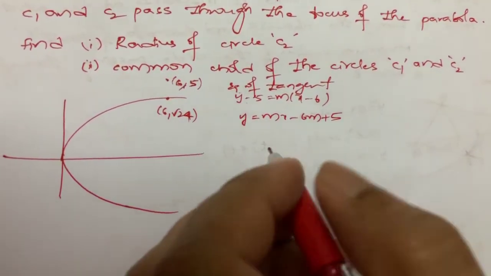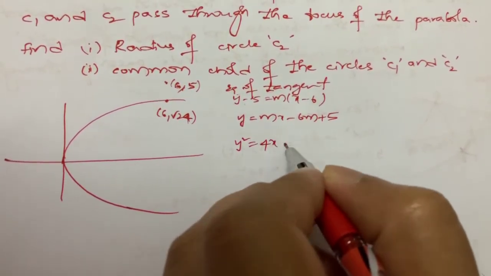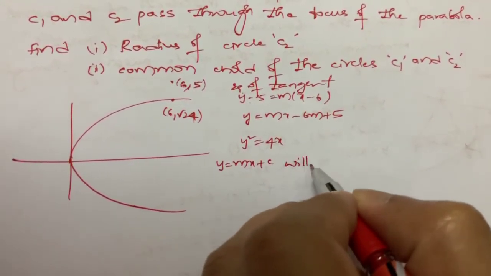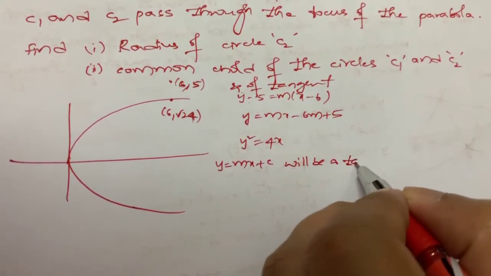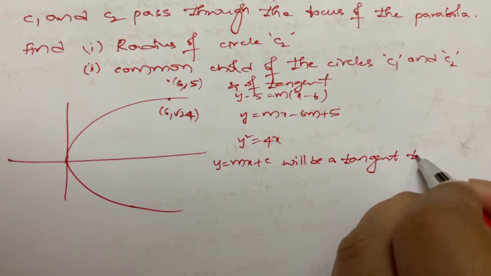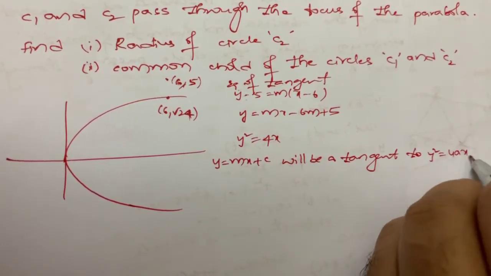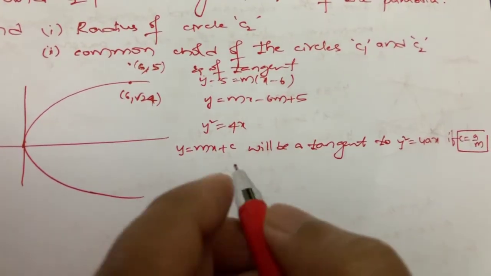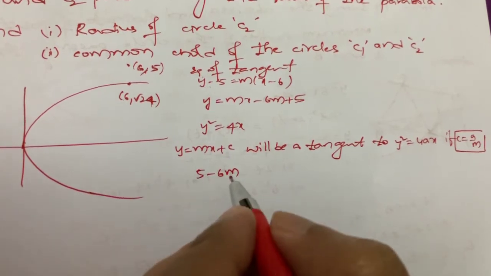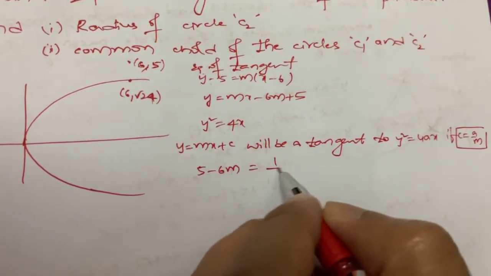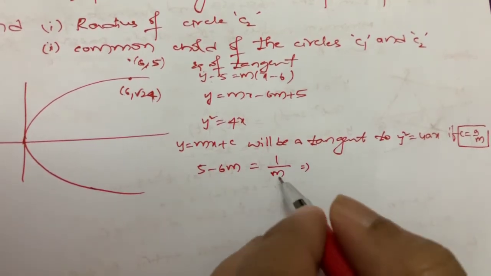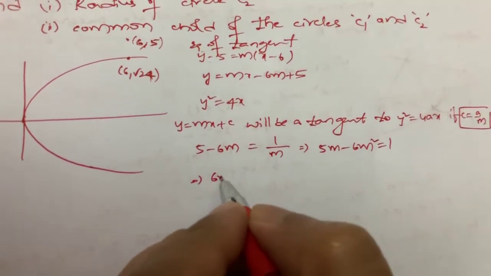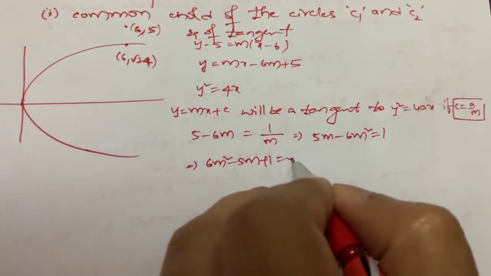If this is tangent to the parabola y square equal to 4x, a line y equal to mx plus c will be a tangent to y square equal to 4ax if c is equal to a by m. So here c is 5 minus 6m is equal to a by m, a is 1. So 5m minus 6m square is equal to 1. So 6m square minus 5m plus 1 is equal to 0.